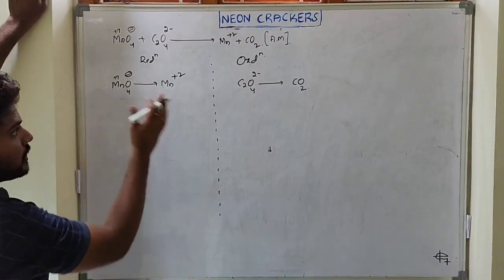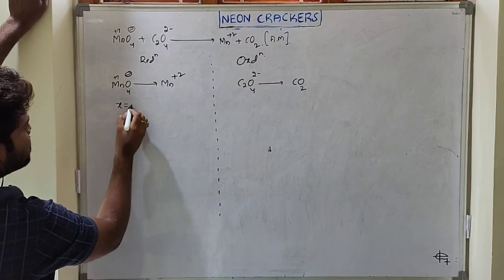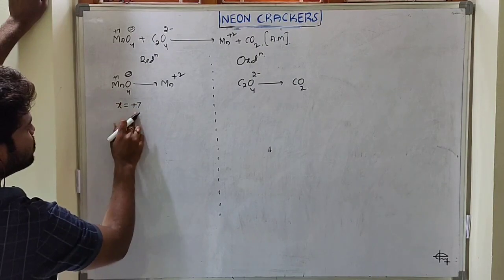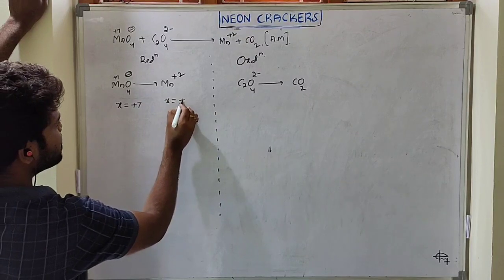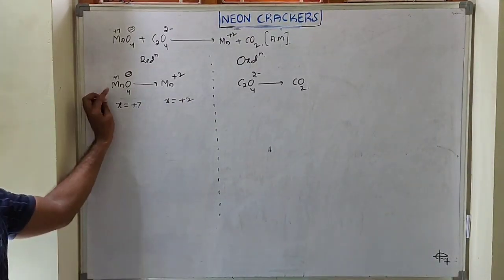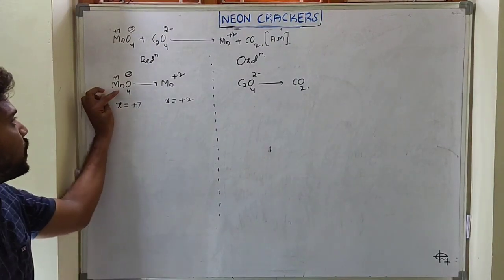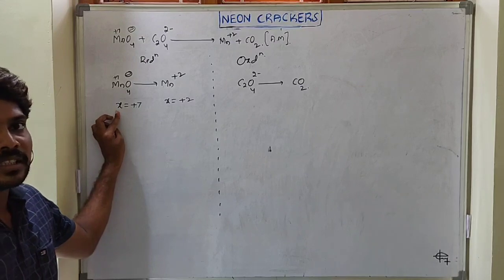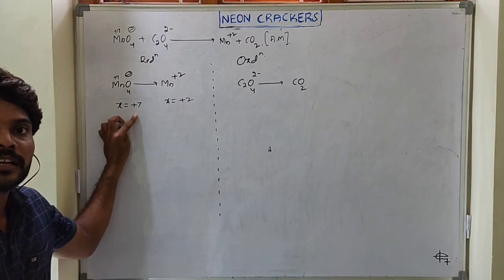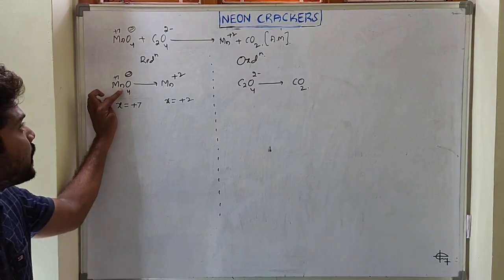And the next point is what? Here what is the oxidation state of this one? X equals to, this manganese equals to +7. Now here X equals to +2. One important point you should remember here. Of course, here only one atom is there, that's why we are writing X equals to some value. If two atoms are there and we get 2X equals to +10, then we should not automatically write X equals to +5, because we should maintain how many atoms are there.